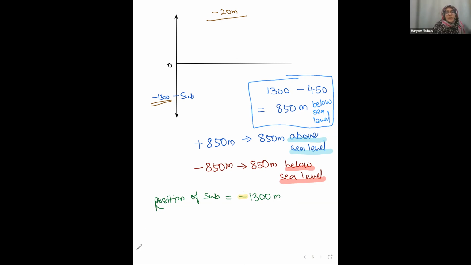Now it is going up. It is ascending. Now, as I told you, remember, ascending means what? Going up. So it ascends 450 meters. So when it is ascending, that means you have to add it, right? So what will you do now? You will add what with what?